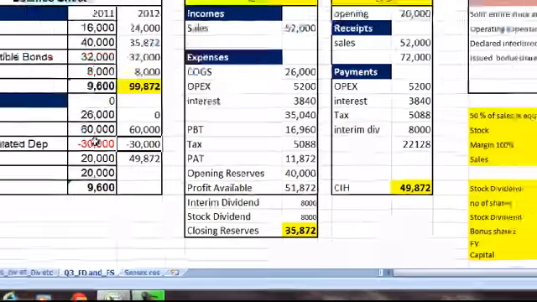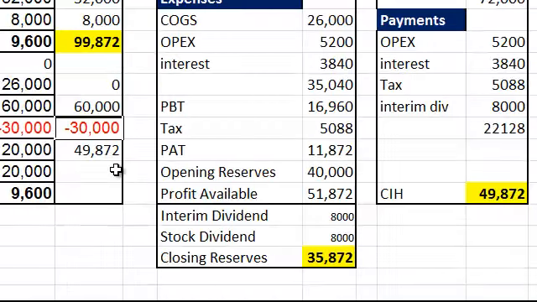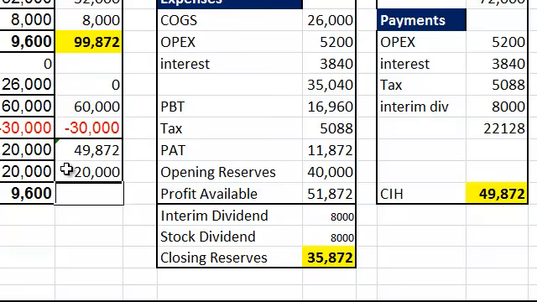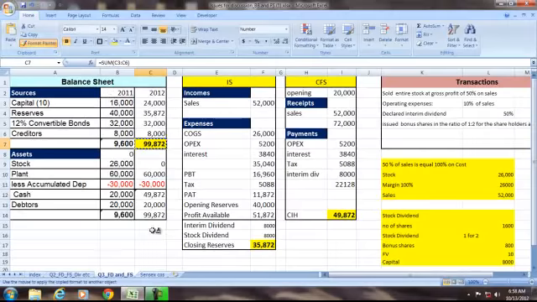So this exercise has been done assuming there is no depreciation. We may revise it. The debtors, no change. The sources of the business should be equal to the assets of the business.